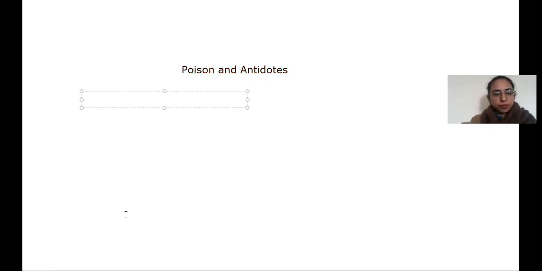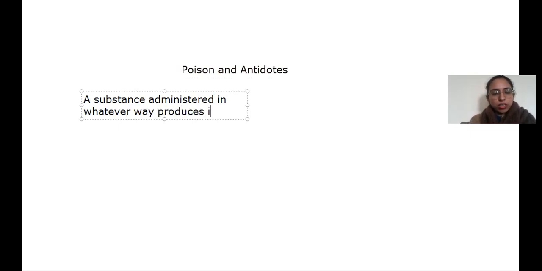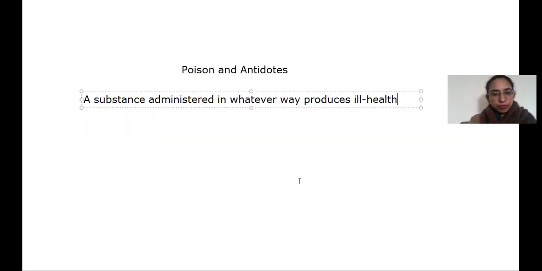It is a substance administered in whatever way that produces ill health. Right? Okay. Whatever way means we can choose any way to administer the drug.